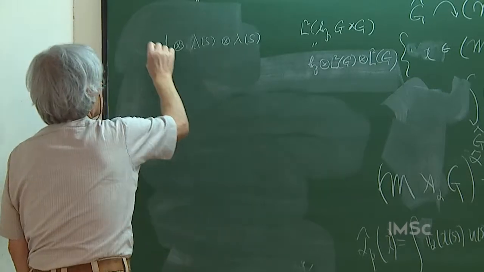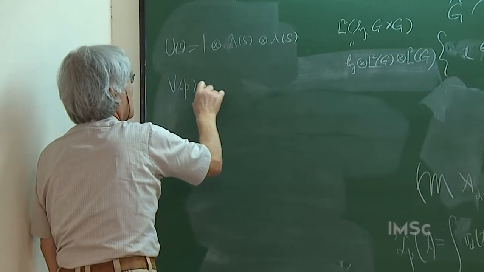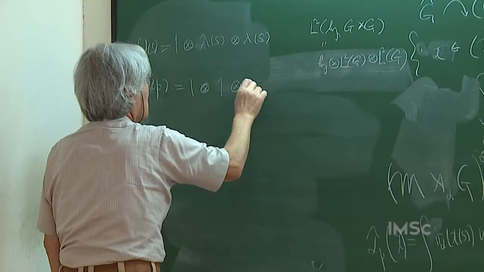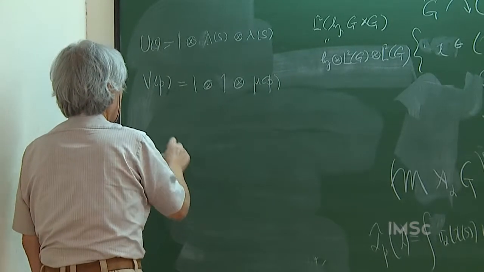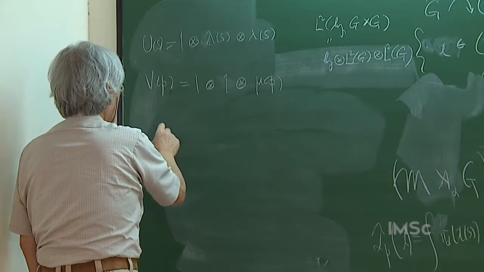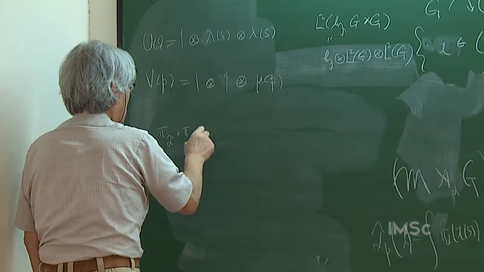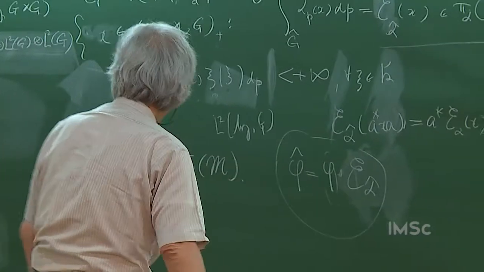That's one kind, that's U_S. Then V_P, 1 cross mu P, and pi alpha hat. This is this kind.